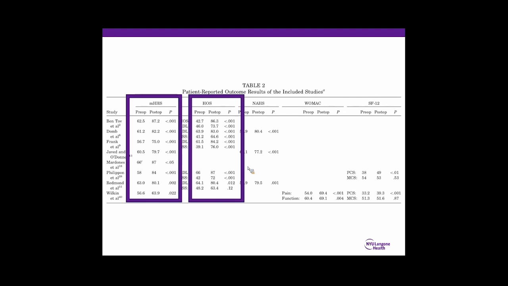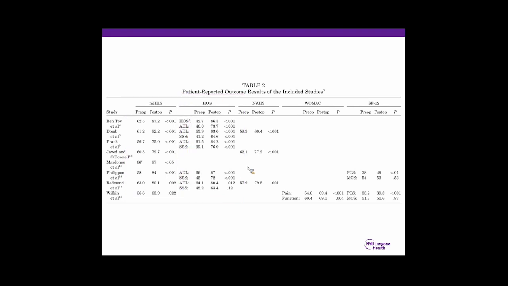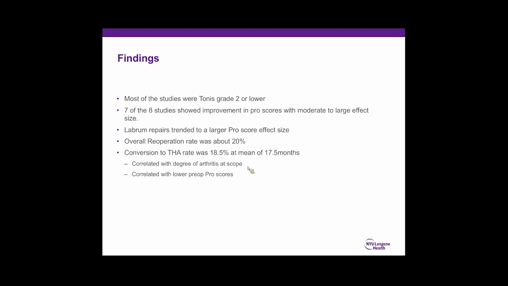And these are some of the other outcome measures, all very consistent improvement in these patients above the age of 40. Again, most of these studies were patients who were Tönnis grade 2 or lower. There were a couple of grade 3 Tönnis patients.